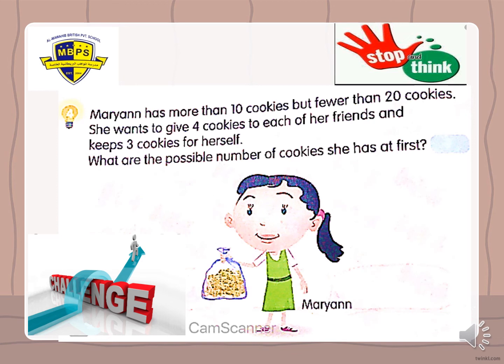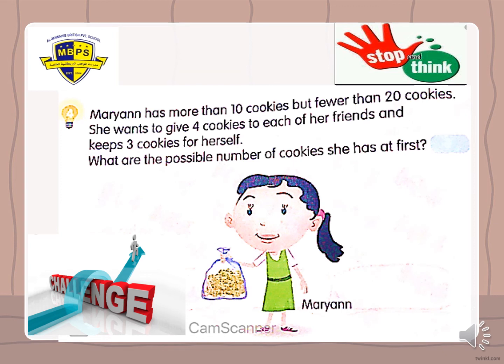Okay. Marianne has more than 10 cookies, but fewer than 20 cookies. So she has a number of cookies. You can see her bag. We don't know this number, but it's between 10 and 20. It's more than 10, but fewer than 20.